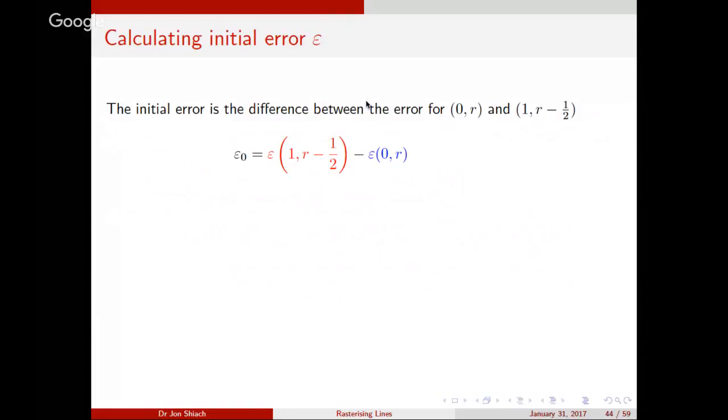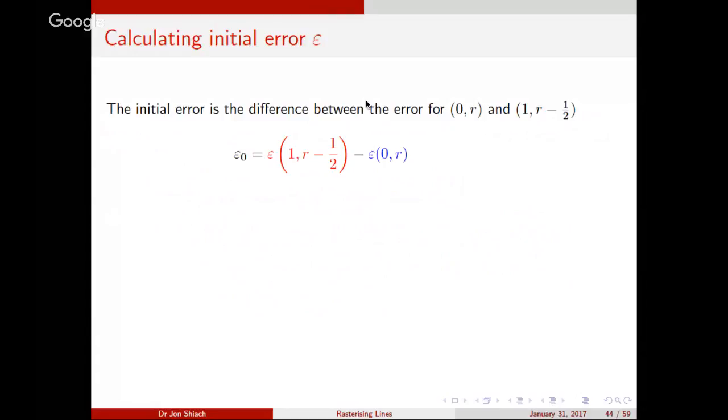We also need an initial error. We need an error for the starting pixel. So the initial error is the difference between the 12 o'clock position and the first midpoint. Okay, so 0, r and 1, r minus a half. So that r minus a half is your y.